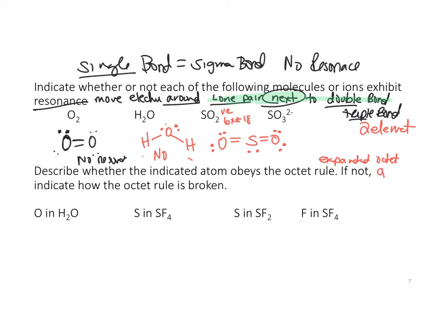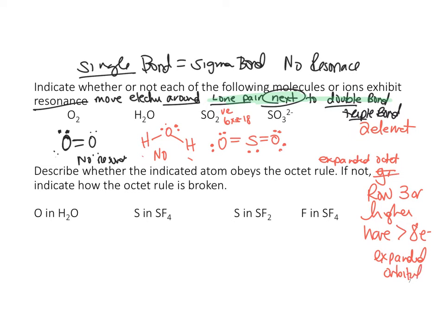And so this is only for row 3 or higher. They can have greater than 8 electrons because they have these expanded orbitals. They're bigger. They can hold extra electrons. So in that case, do you have 18? 6 times 3 is 18. 1, 2, 3, 4, 5, 6, 7, 8, 9, 10, 11, 12, 13, 14, 15, 16, 17, 18.